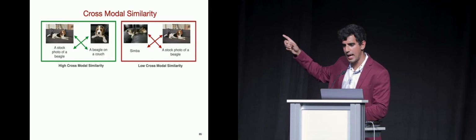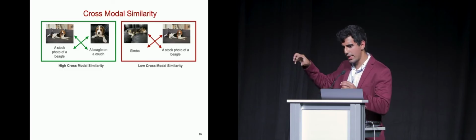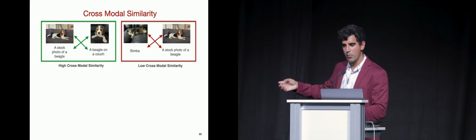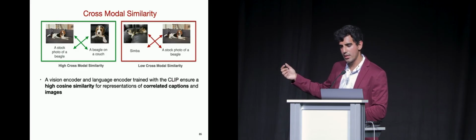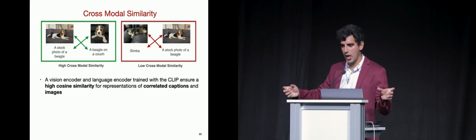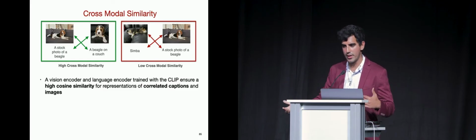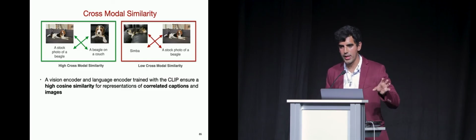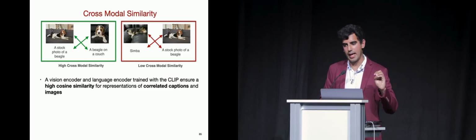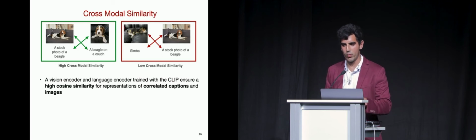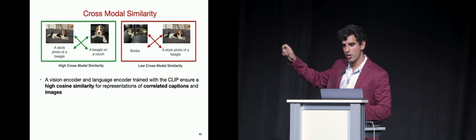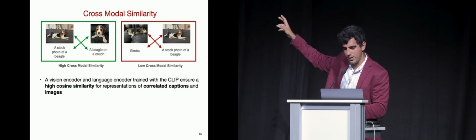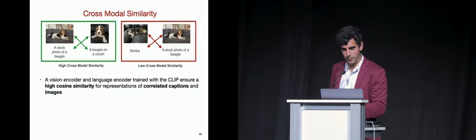So here we say this has high cross-modal similarity because you can see from the image and captions that these are very, very correlated. But on the other hand, we have this caption, which is a proper noun, and so it's unlikely to be highly correlated with a stock photo of a beagle. And we also have this non-canonical image of a beagle, and that's unlikely to be strongly correlated with the caption, a stock photo of a beagle. So that's high cross-modal similarity and low cross-modal similarity.